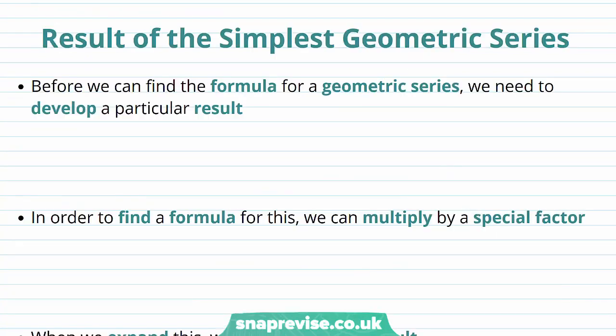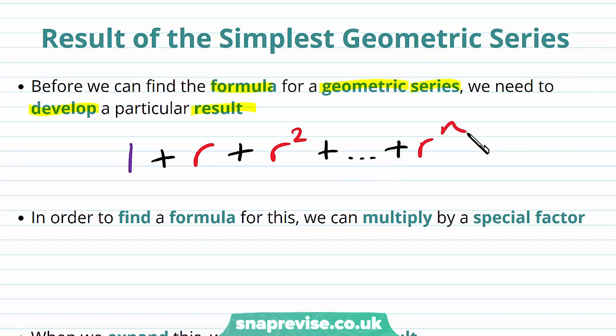Let's take a look at the result of the simplest geometric series. Before we can find the formula for a geometric series, we need to develop a particular result. We'd like to consider the sum 1 plus r plus r squared all the way up to r to the power of n.